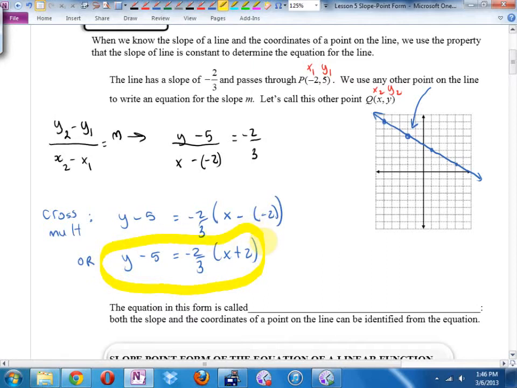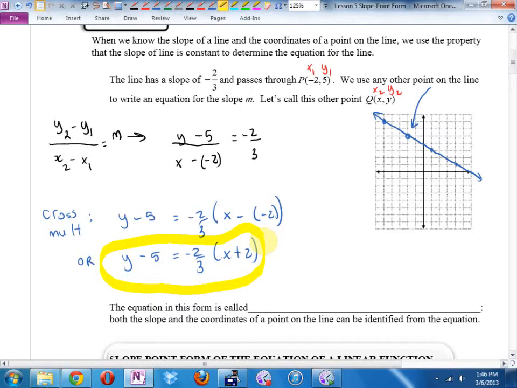Can you see the slope hidden in there anywhere? Where? Yeah, in front of the bracket with the x in it. Yes.